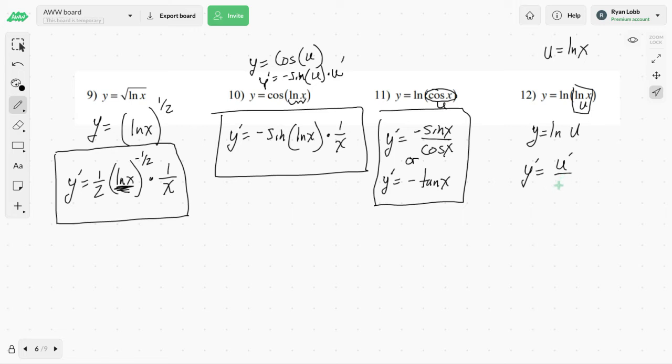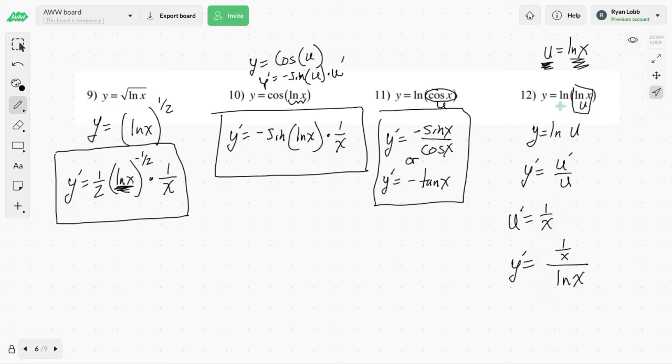U prime over u. And now I just have to find u prime. Up here's u, so I can find the derivative of this function. What would u prime equal? Well, u prime would be equal to the derivative of ln of x, which is 1 over x. So there I identified u prime, and u as well, just ln of x. So what does that mean y prime is going to be? Well, y prime would be equal to u prime, which is 1 over x, over u, which is ln of x. All right. So we can do that little substitution.